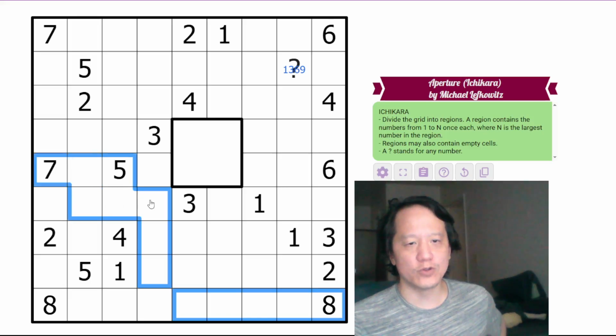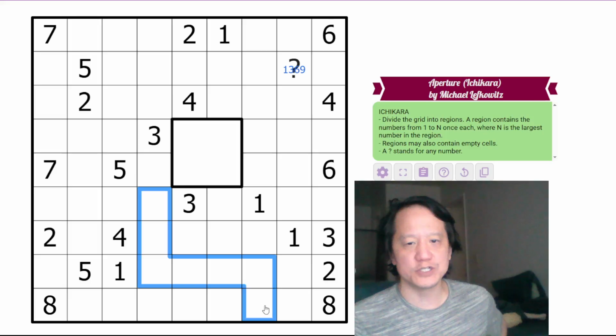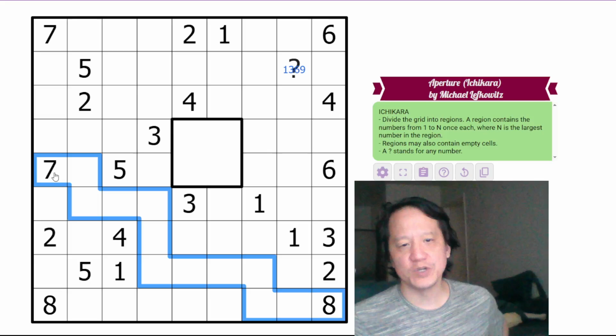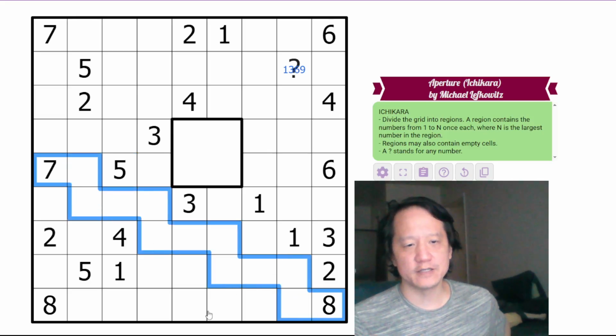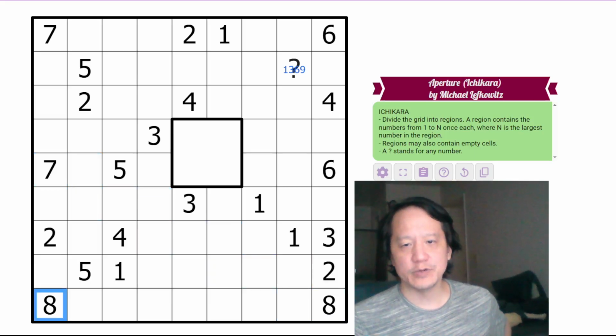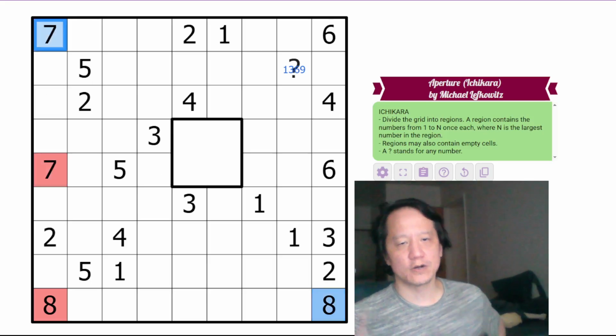If it were, the problem is that these regions have to orthogonally connect, and by this orthogonally connecting, it would block the other 8 from connecting to the other 7. So we know these are the same region, and these have to be the same region here.